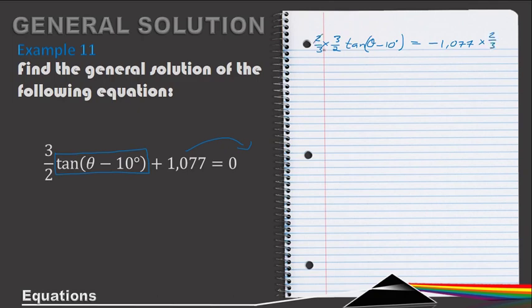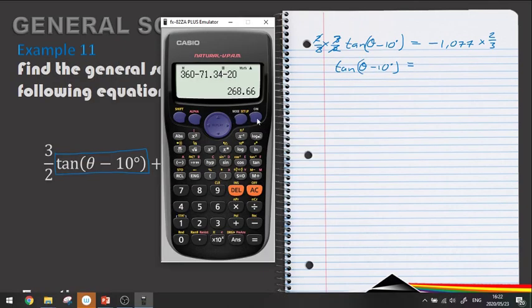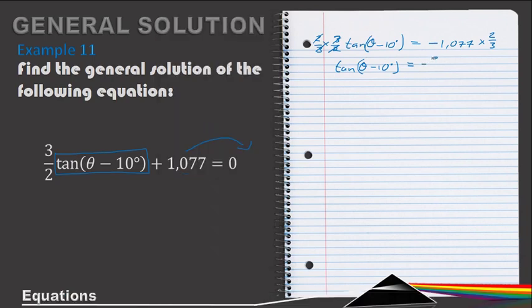On this side it will cancel, and then I can simplify that on my calculator. So tan of theta minus 10 degrees is equal to negative 1,077 times 2 over 3, and that gives me negative 359 over 500.